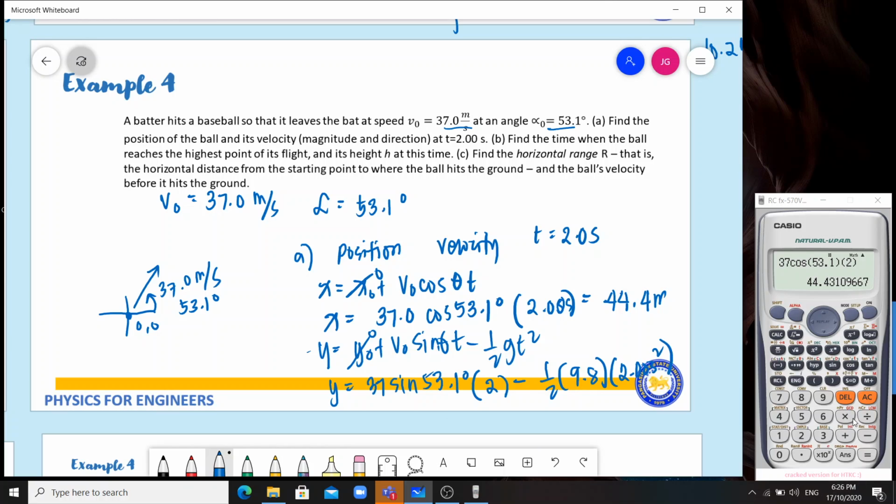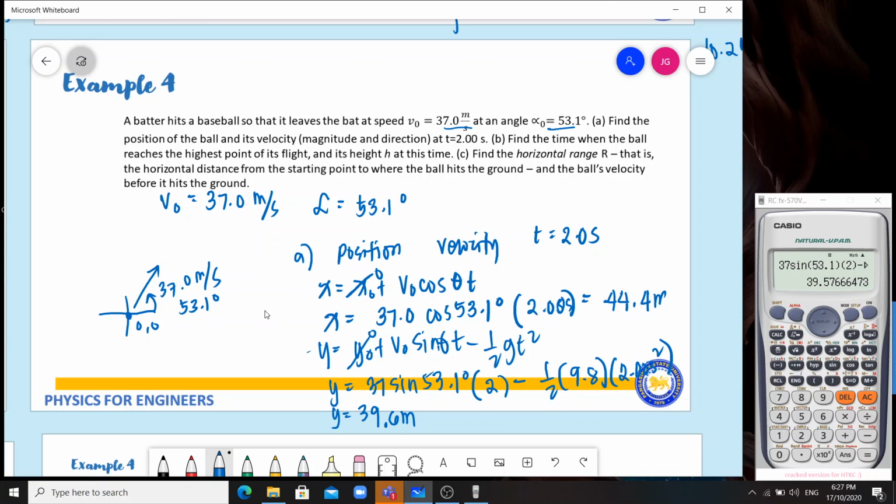So our y is 37 sine 53.1 times 2 minus 1 half 9.8 and then 2 squared. So our y here is 39.6 meters. That is the position.